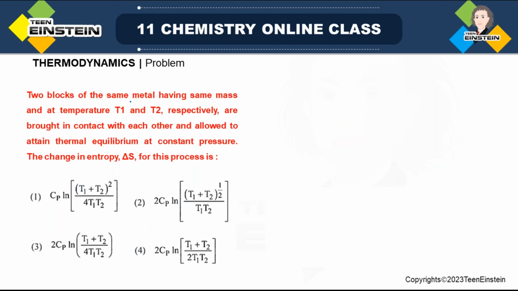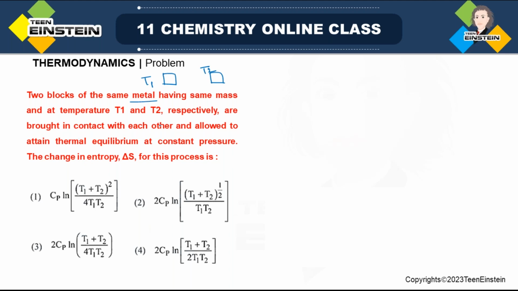Two blocks of the same metal. So suppose this is one block, this is another block. Same mass, but they are at temperatures T1 and T2 respectively, and are brought in contact with each other.